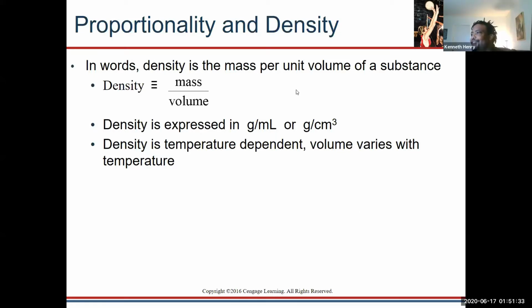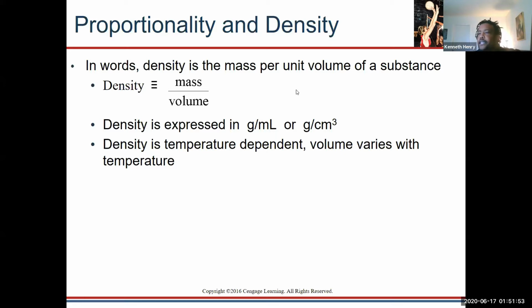Okay, so these are the units. Occasionally you'll see it in grams or kilograms per liter, but that's on occasion, okay?